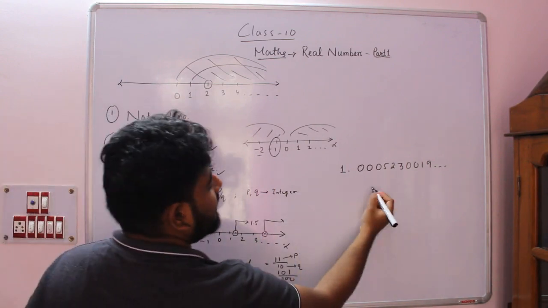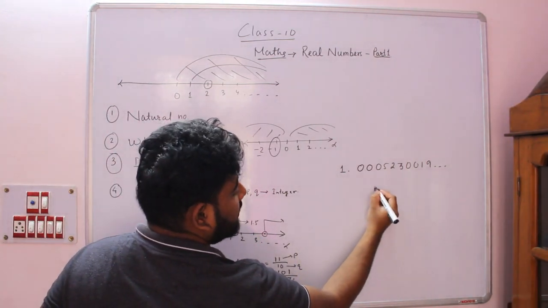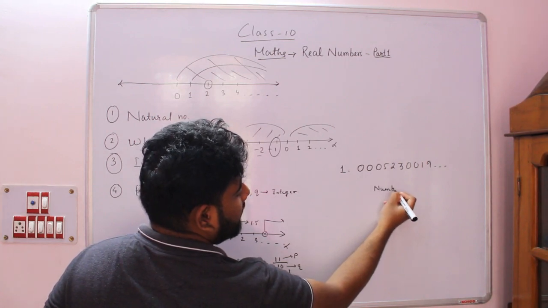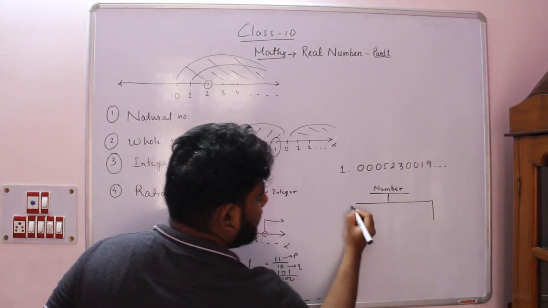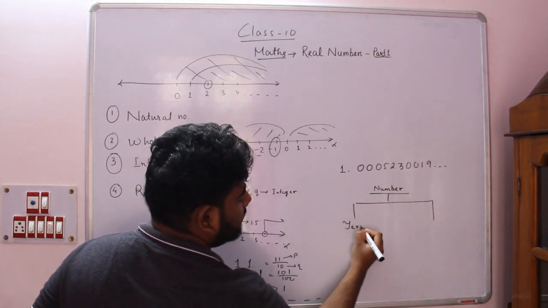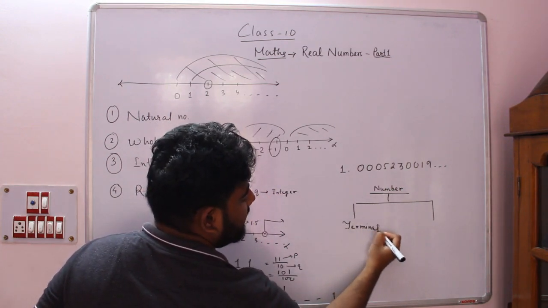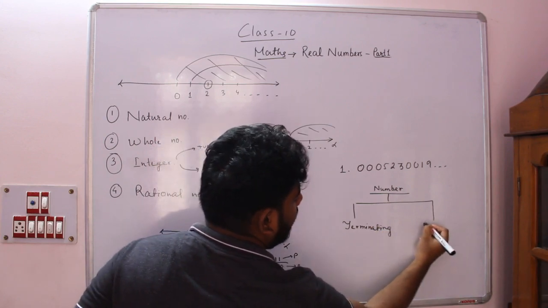Decimal numbers are divided into two parts. One is terminating and one is non-terminating.